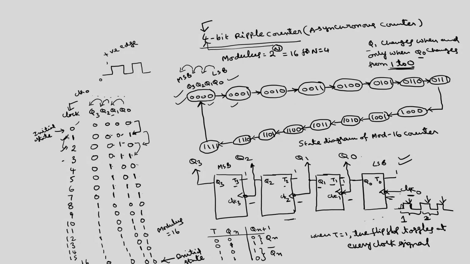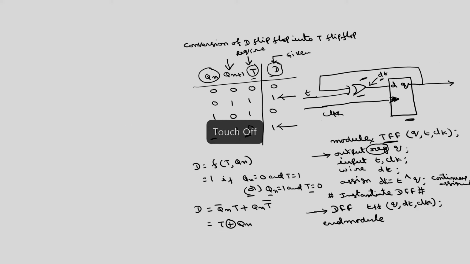Now, this is our 4-bit ripple counter. What is the Verilog code corresponding to this one? We have written here for this T flip flop; we have to instantiate this 4 times. The T flip flop name given is TFF. So, we have to call TFF, output is Q, input is T and another input is clock.